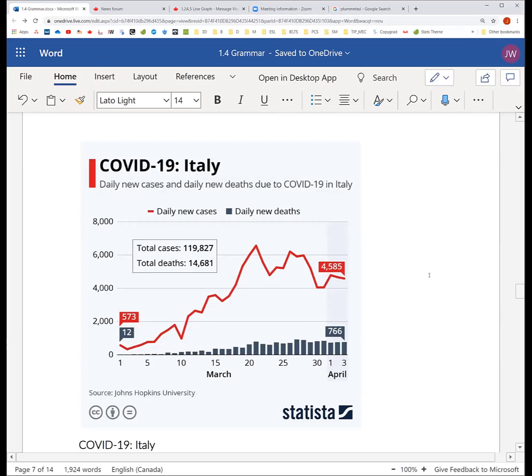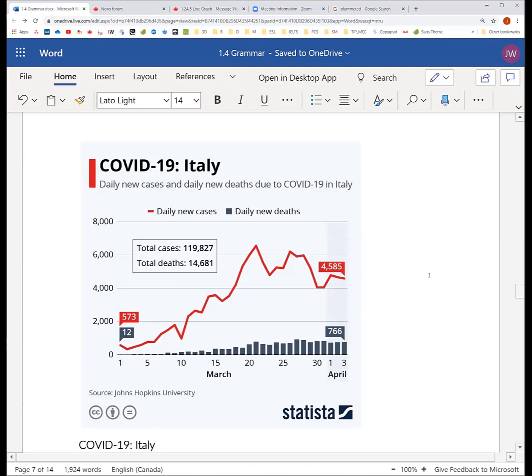The number of cases is gradually increasing from the 1st of March and reached the highest point at 20th of March. And then it decreased.